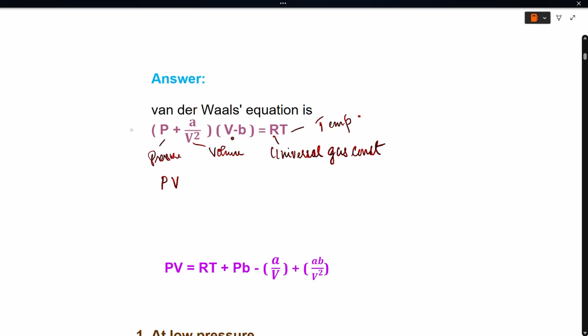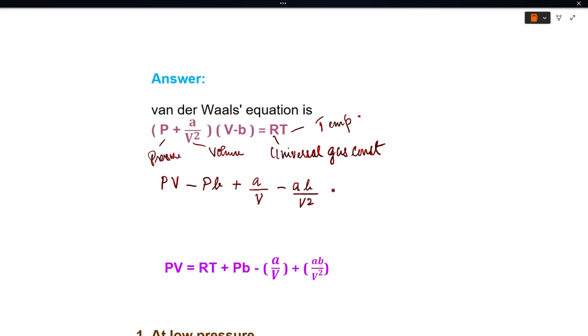Then P multiplied by minus b becomes minus Pb. Then a/V² multiplied by V, both positive, so one V is cancelled and we have a/V, which is positive, and a/V² multiplied by minus b will be minus ab/V², and that is equal to RT.